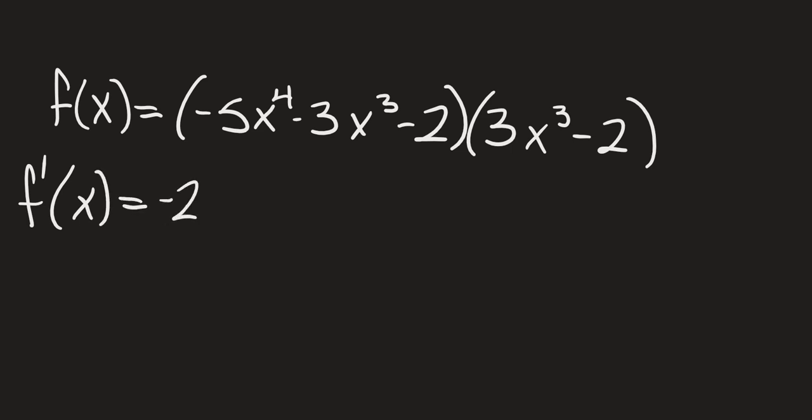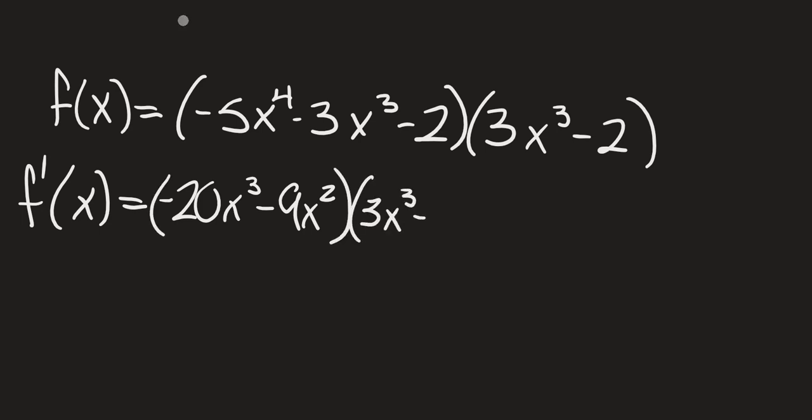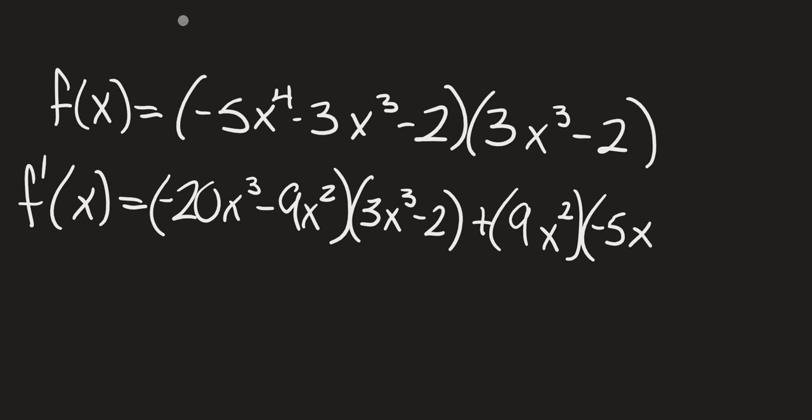That's going to be negative 20x to the third minus 9x squared. And we're going to multiply this by the second left alone. We're going to add this to the derivative of the second, which is going to be 9x squared times the first left alone, which is negative 5x to the fourth minus 3x to the third minus 2.